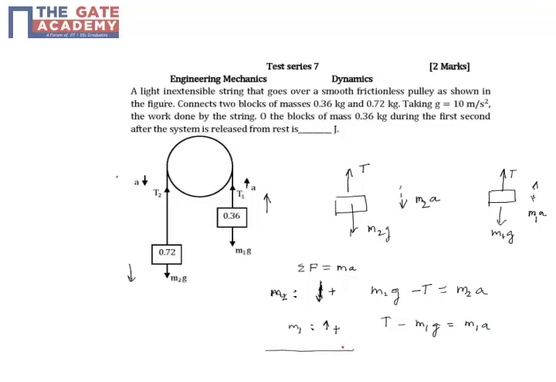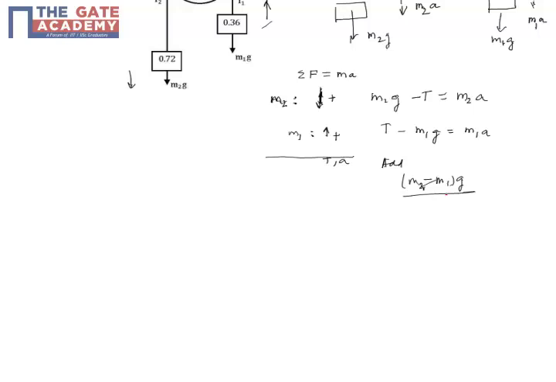Now we need to find out the work done by the tension on the 0.36 kg mass in 1 second. So basically, let's see how much the acceleration is. There are two unknowns here, tension and acceleration. Both can be found out. So let's first add both of them. Then it will be (M2 minus M1)G by (M1 plus M2).